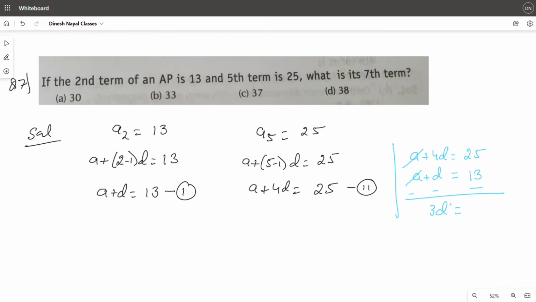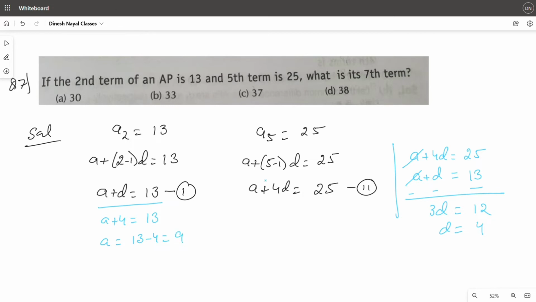So D equals 4. Now, we can substitute D in equation 1. That will be A plus 4 equals 13. So A is 13 minus 4, that is 9. So A is 9.